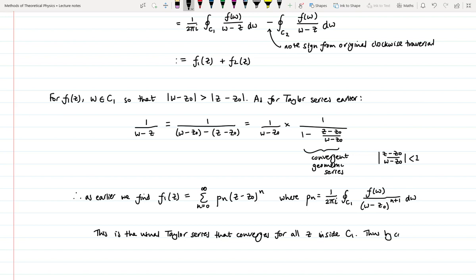Thus, by construction, this function f1 of z is analytic inside our blue contour, the large circle C1.